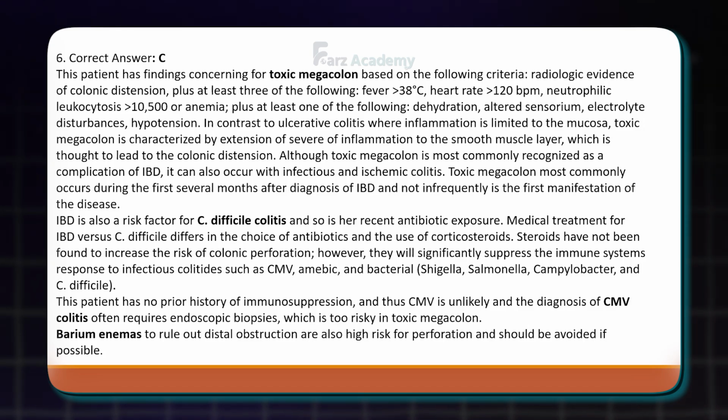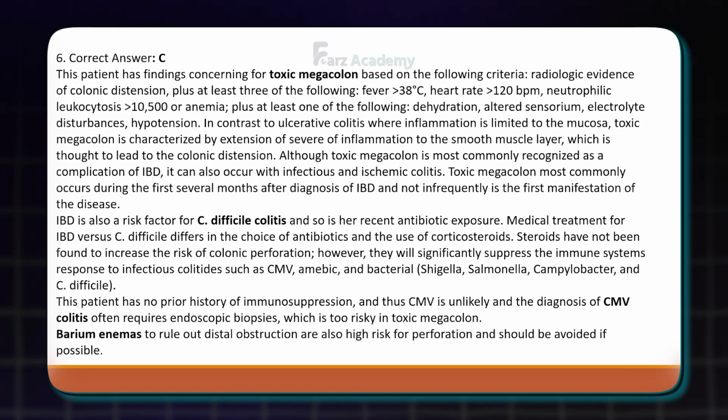Okay. Medical management for IBD versus C. difficile differs with the choice of antibiotics and use of corticosteroids. Steroids have not been found to increase the risk of colonic perforation. However, they will significantly suppress the immune system response in infectious colitis such as CMV, amoebic, or bacterial.